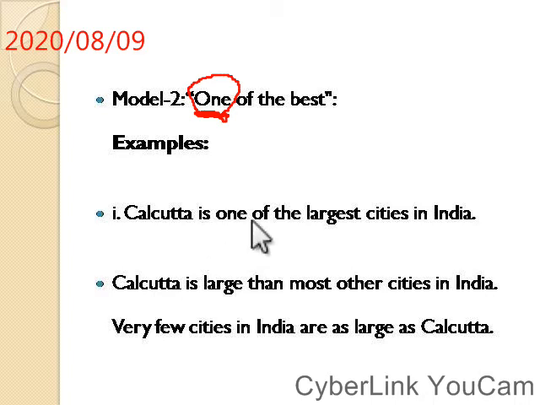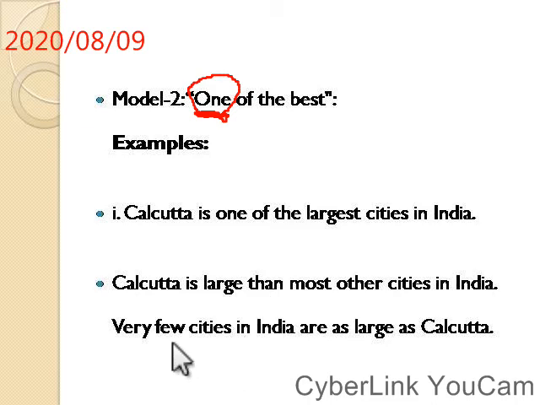Calcutta is one of the largest cities. Calcutta is larger than most other cities in India, or you can say many other cities. It is larger than most other cities in India.